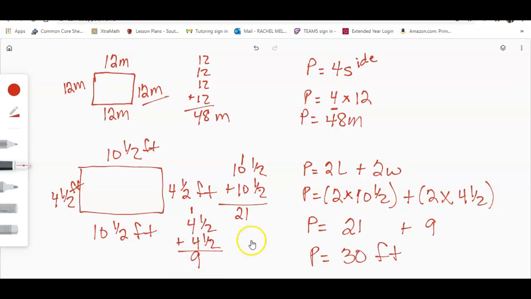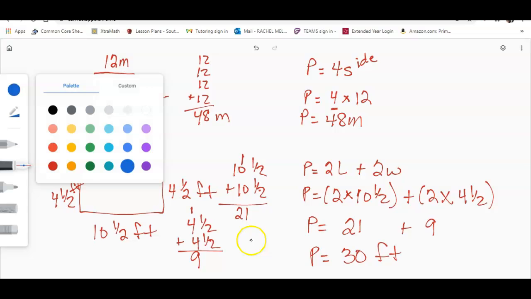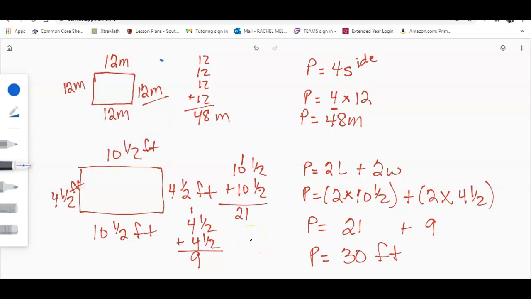Okay? What we could do is just think about the whole numbers by themselves. What is 10 plus 10? Well, that's 20. What is 4 plus 4? Well, that's 8. Okay? So the whole numbers are 28.